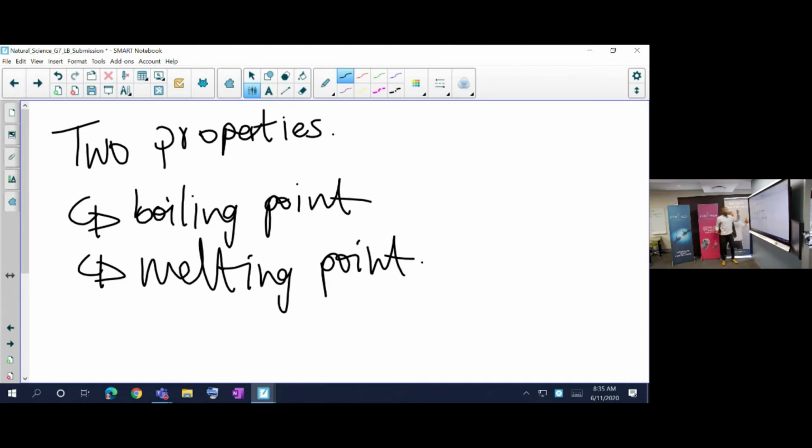As scientists, we need to know what we mean when we say a particular material has reached its boiling point, or a particular material has reached its melting point. Remember when we were doing phase change, we looked at what happens when we have ice. I'm going to just have blocks of ice.